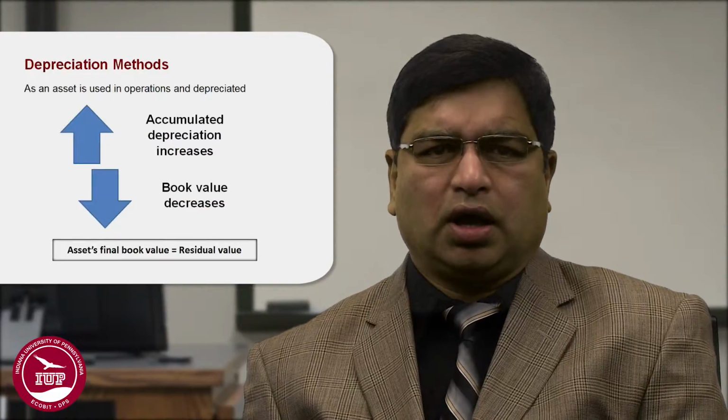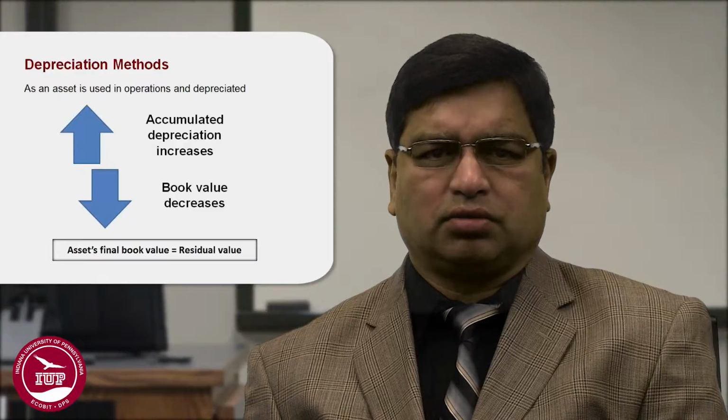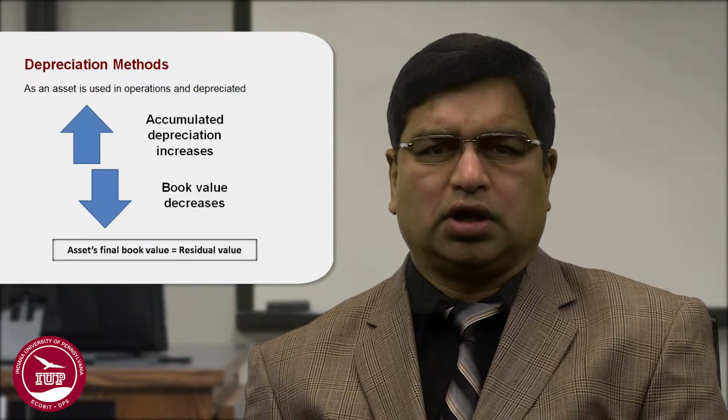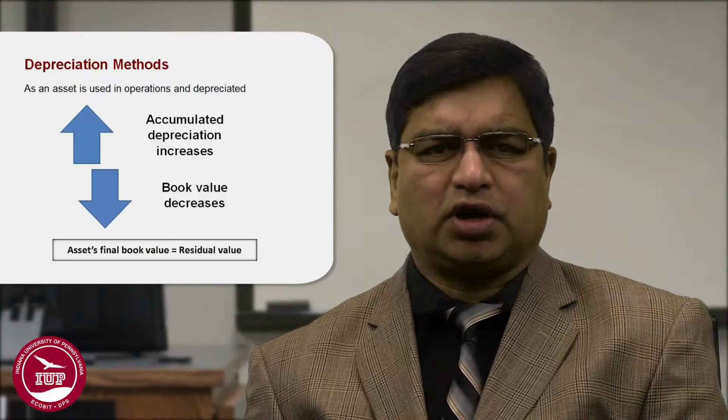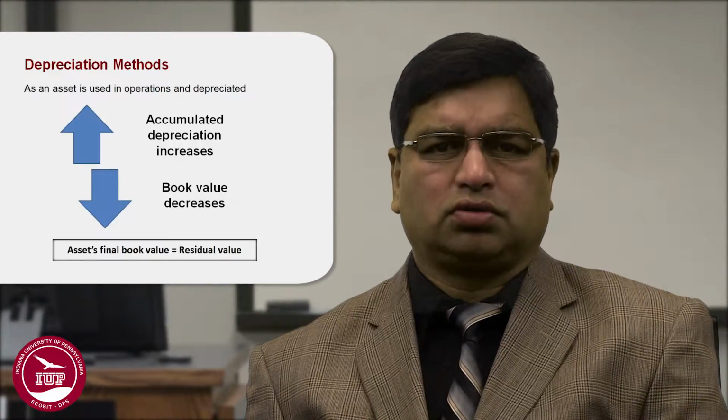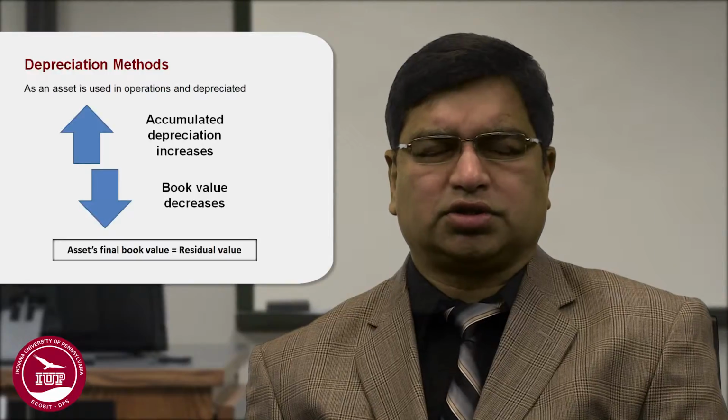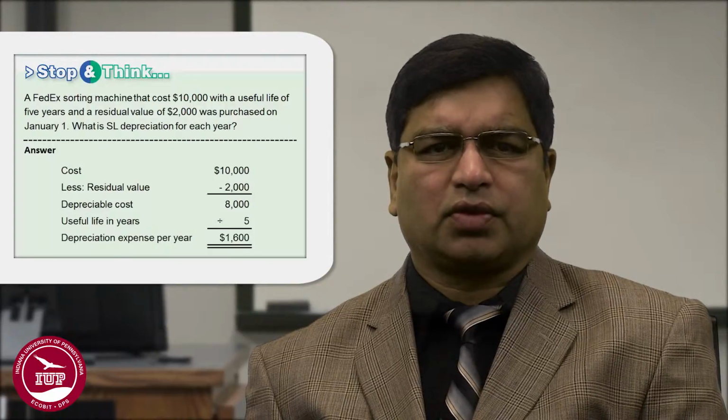So as the accumulated depreciation account increases, the book value will decrease. Finally, the asset's final book value will be equal to the residual value, in this case $1,000.